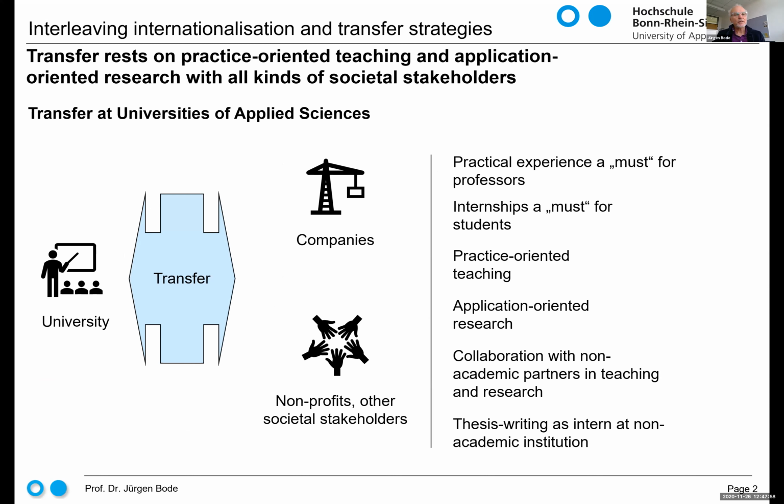So here you can see how the university accomplishes transfer with the environment, with society. And when I talk about society, I would split this up into companies on the one hand, which I regard as part of society, and non-profits and other societal stakeholders on the other hand.